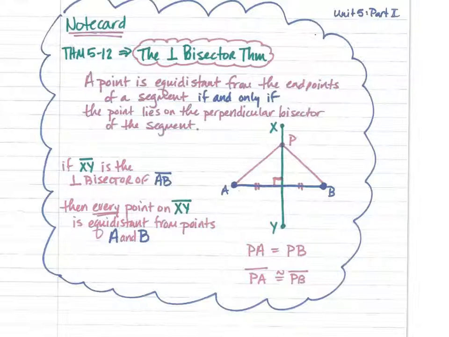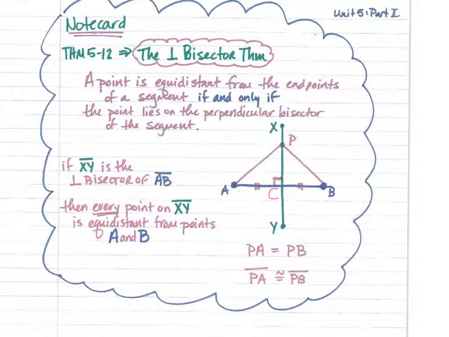So segment PA is congruent to segment PB. Segment XA is congruent to segment XB. And if we had a point here, we already know it's intersecting at the midpoint if it's a perpendicular bisector. So by definition of perpendicular bisector, we know that CA is congruent to segment CB.